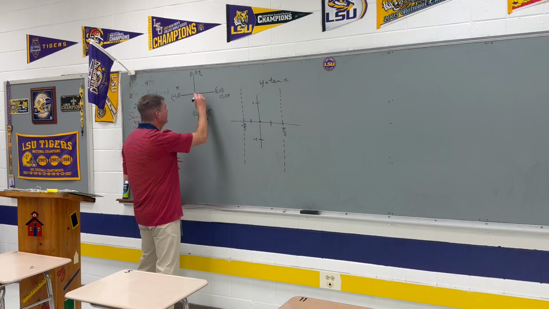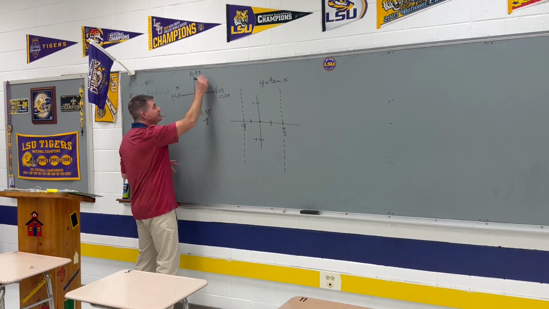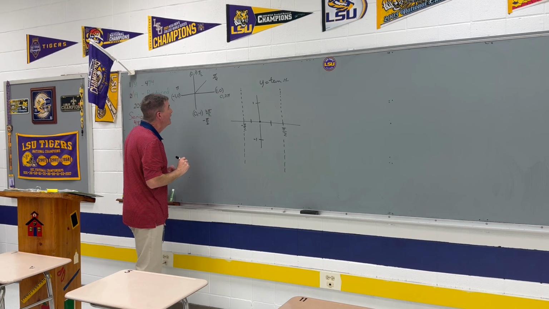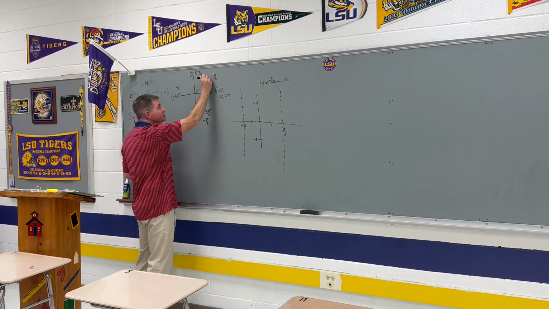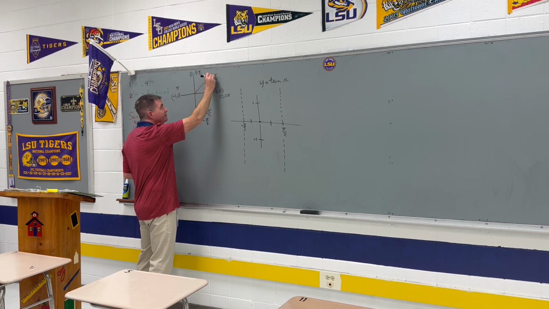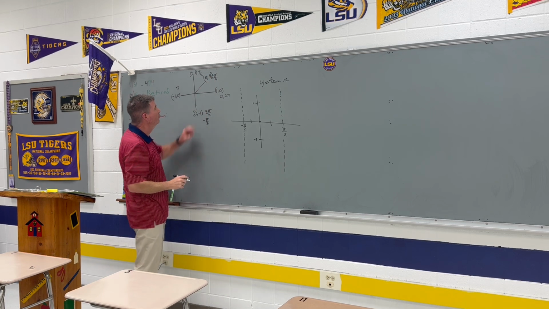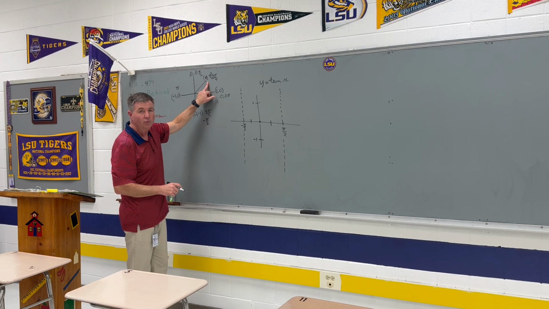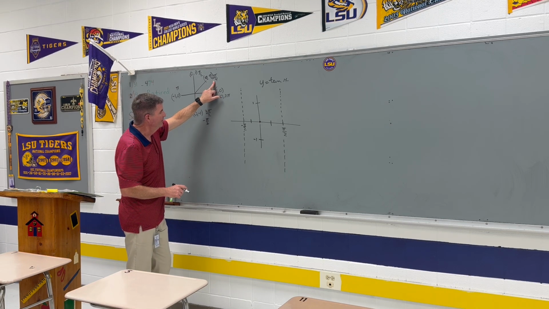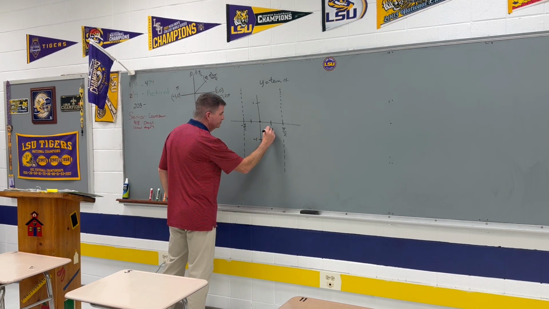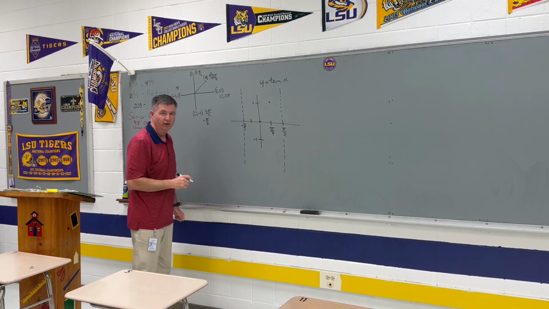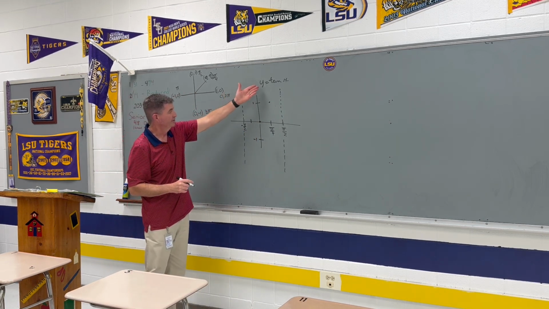Now, if we look at this here, this in between would be pi over 4. And the pi over 4 ordered pair is square root of 2 over 2 and square root of 2 over 2. Therefore, if it's y over x, square root of 2 over 2 over square root of 2 over 2 would be 1. So at pi over 4, our tangent function would be 1, which happens to be the amplitude here.